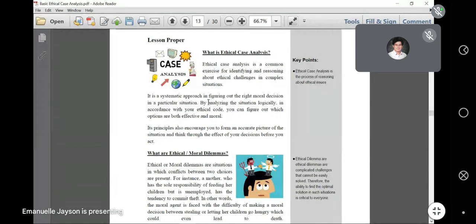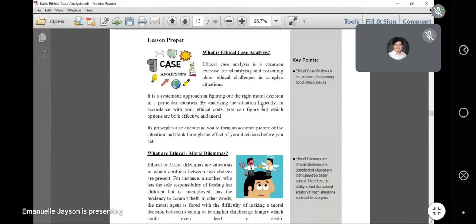So may mga different complex situations tayo sa buhay natin that cannot be discussed in a four cornered classroom. Yung real life situations would depend upon you when you encounter the outside world. So this is a systematic approach in figuring out the right moral decision in a particular situation.